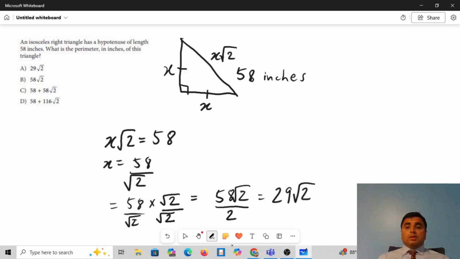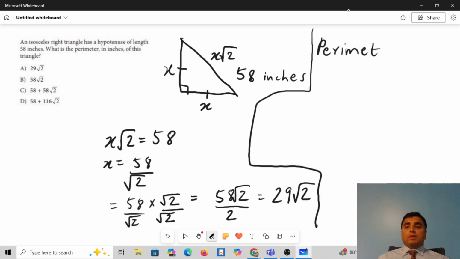So the length of each side of the isosceles right triangle is going to be 29 times the square root of 2. As a result, the perimeter is going to be the sum of the lengths of all the sides of this particular isosceles right triangle, and that is going to be 29 times the square root of 2 plus 29 times the square root of 2 plus 58.